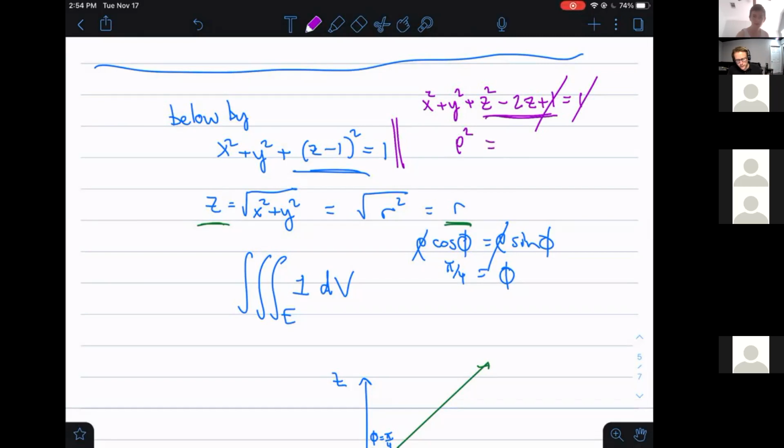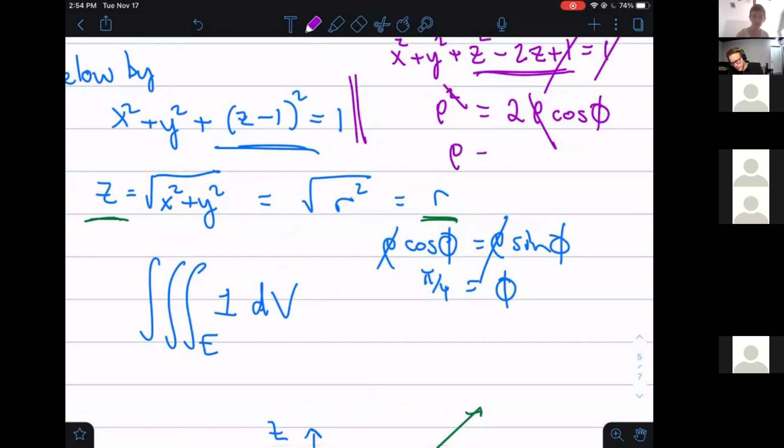And over here, if I was to move over the 2z, this would be 2, and z is rho cosine phi. Again, so long as phi is not equal to 0 and you're not stuck at the origin, then you can go ahead and cancel out a rho on both sides.